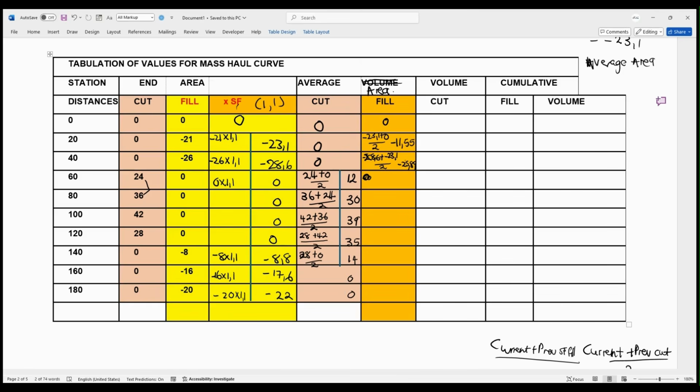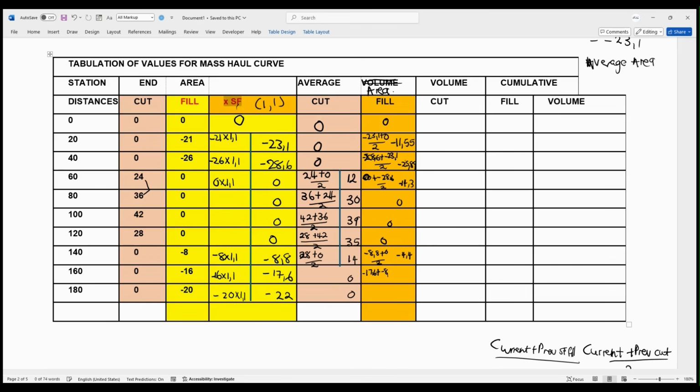Negative 0, which is 0 here, plus negative 28.6 divided by 2, which is equal to negative 14.3. And these are 0, 0, 0. Then minus 8.8 plus 0 divided by 2 is negative 4.4.